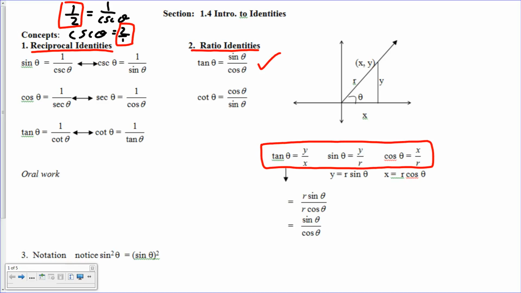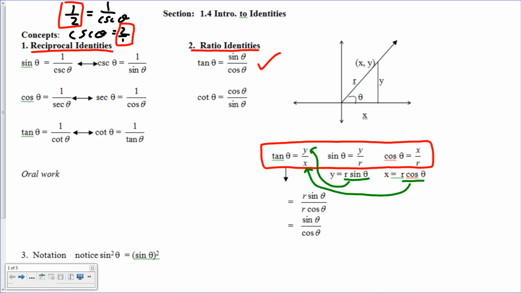Then later, you're going to end up simplifying the sine theta and the cosine theta by cross multiplying. When you cross multiply these, notice what happens. You're actually substituting this value in for your y, and you're substituting this value in for your x. And when you substitute those in and cancel your r's, you end up with the ratio identity.